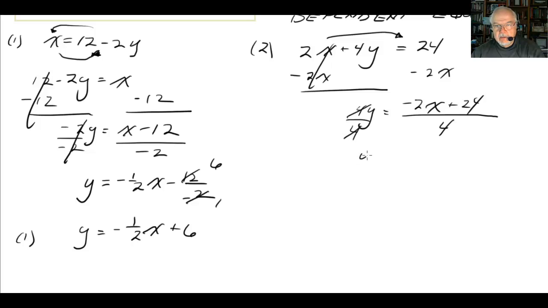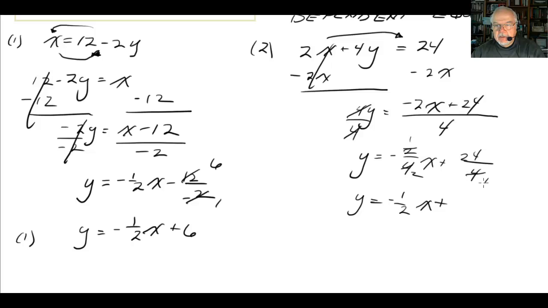That's 1. 1 times y is y, so we've isolated y. So we have minus 2/4 x plus 24 divided by 4. All right, y equals minus 2/4. Well, 2 goes into 2 once, 2 goes into 4 twice. So that's minus a half x.